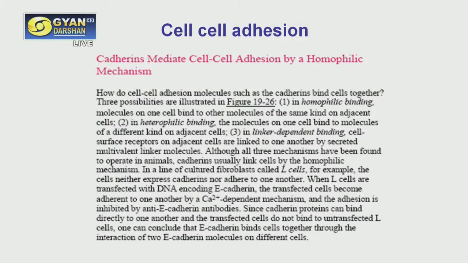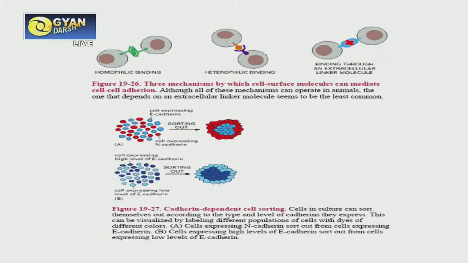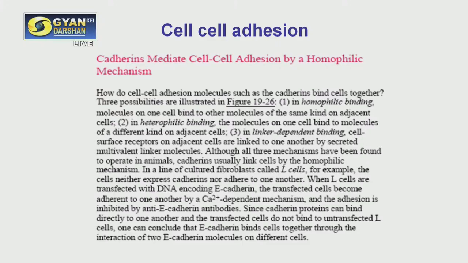So cadherins mediate cell-cell adhesion by a homophilic mechanism. Homophilic binding means that the molecules are of the same kind. That is, in homophilic binding, molecules on one cell bind to other molecules of the same kind on the adjacent cell.